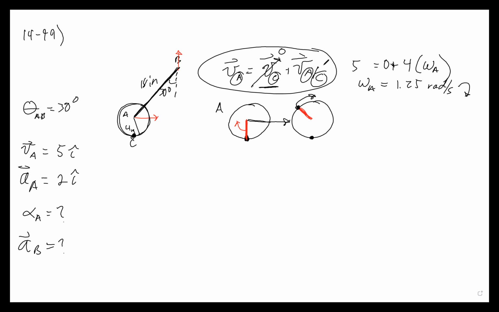All right, now we're going to have a relative acceleration equation and a relative acceleration diagram. And there are some new terms involved in that. All right, first is the equation. So the acceleration of A equal to the acceleration of C plus the acceleration of A relative to C.